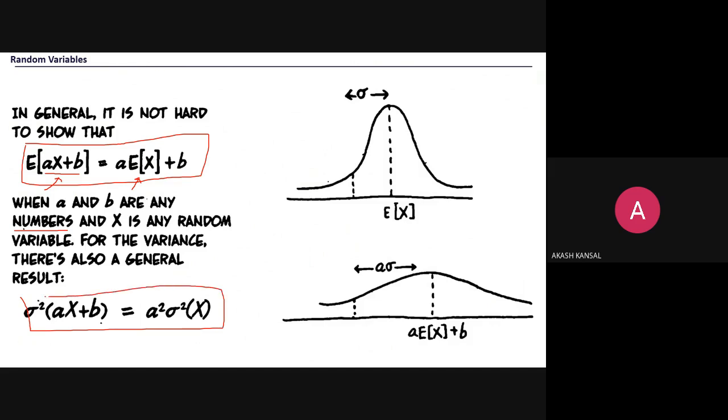We can also generalize it for the variance. Sigma squared of aX plus b, which means the variance of aX plus b, will be equal to the variance of X times a squared. Now you will ask why we are missing the b term here. This takes us back to the question: what is variance?